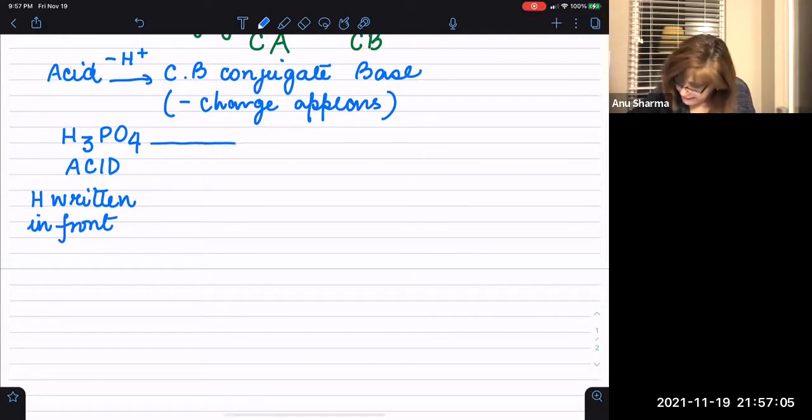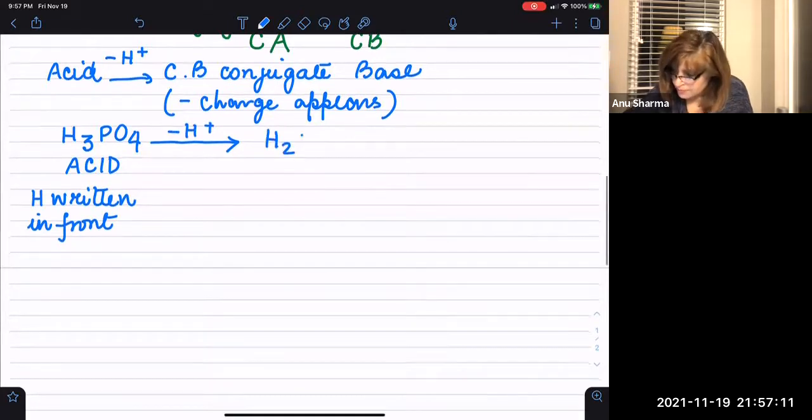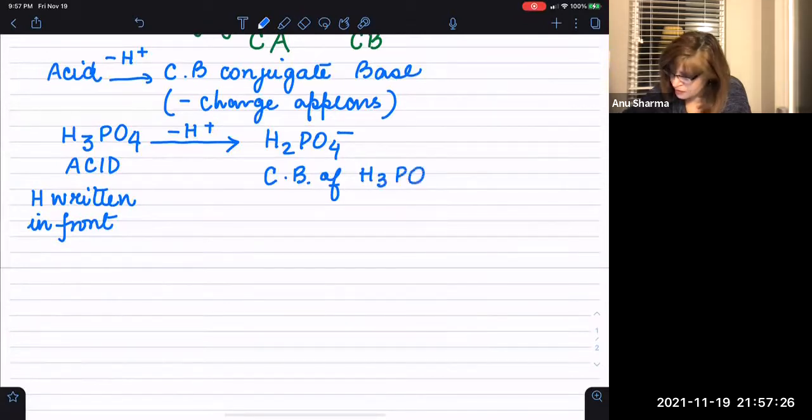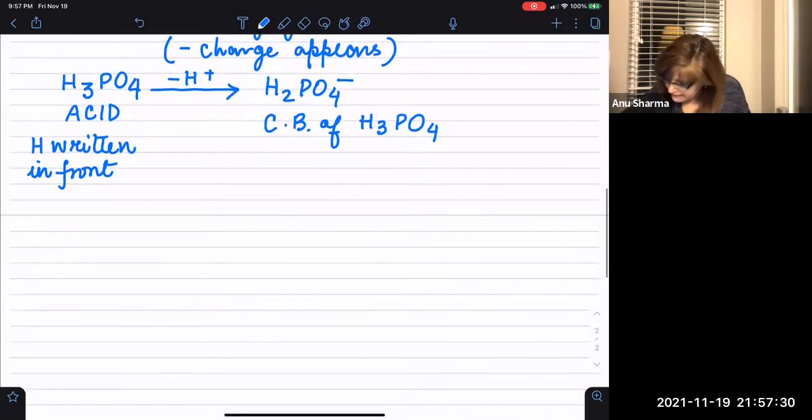So when it gets rid of only one hydrogen ion, then it will give you H2PO4, and now one hydrogen is gone, so it leaves you with one negative charge. Okay, so this is the conjugate base of H3PO4. Clear?